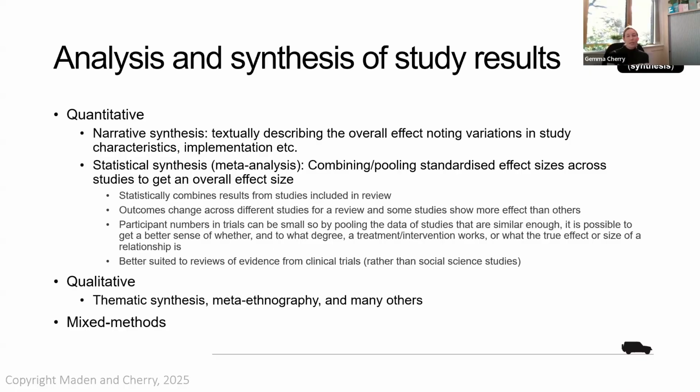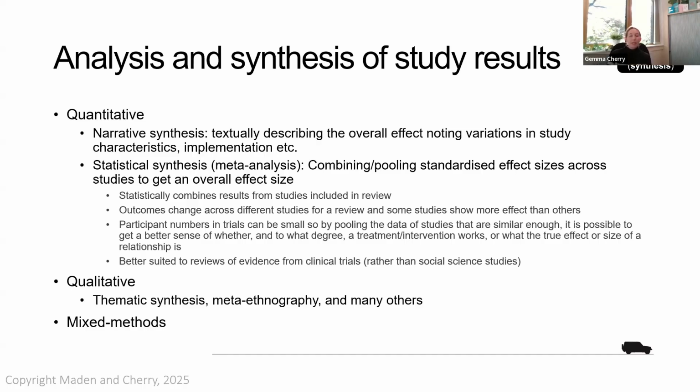Or you could do a meta-analysis, which is a statistical method of combining the results from studies included in your review and looking at standardized effect sizes to get an overall effect size. And meta-analysis is often well suited to reviews of evidence from clinical trials rather than social science studies. But so long as your data satisfy assumptions of heterogeneity and so on, then you may be able to meta-analyze them.